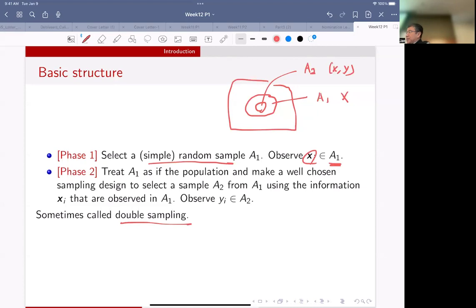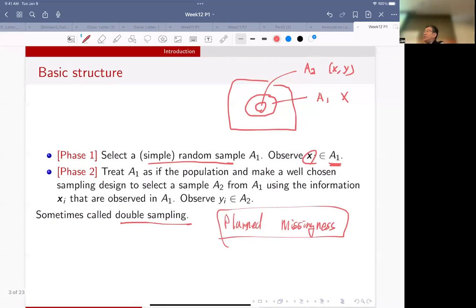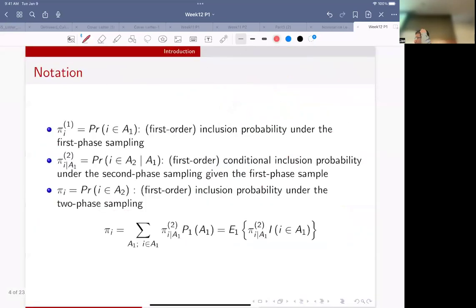But still, sometimes we create missingness by design. In that case, it is called planned missingness. So planned missingness is an important feature of two-phase sampling, let's say. We create missingness intentionally to reduce the cost.